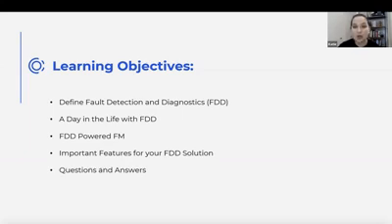We'll talk about how you can really use FDD as a foundational part of your operations and maintenance organization. And then we'll talk through some important things to discuss with your providers if you're looking to implement this on your campus, some things to include in your RFP if you're going out for bid on this. And then we will have questions and answers.